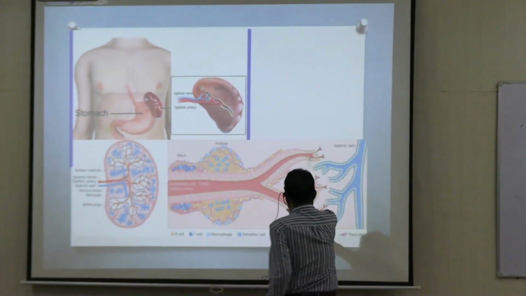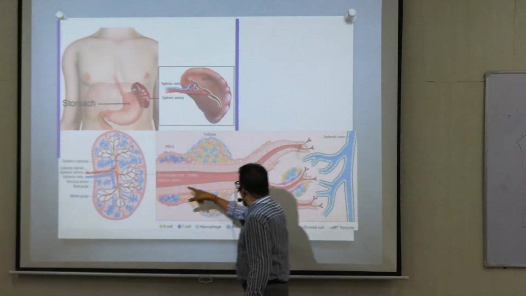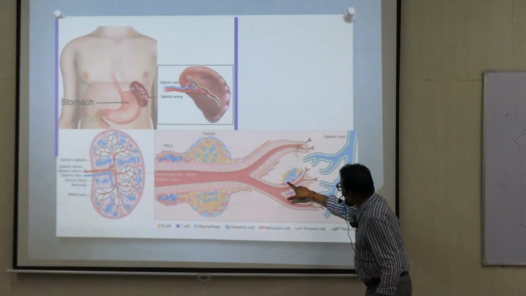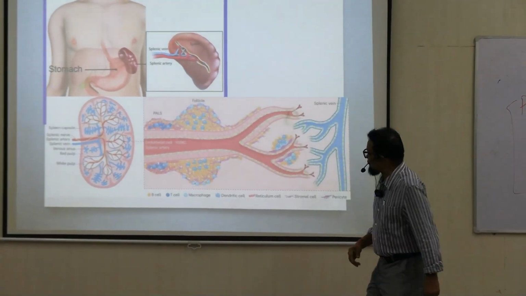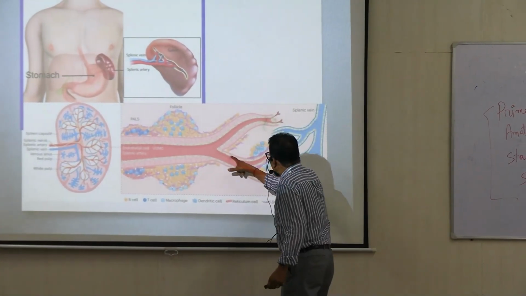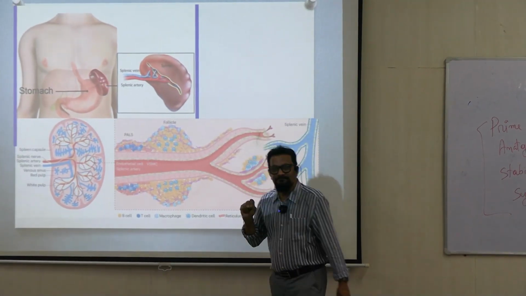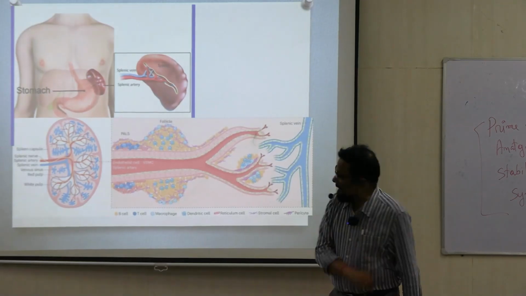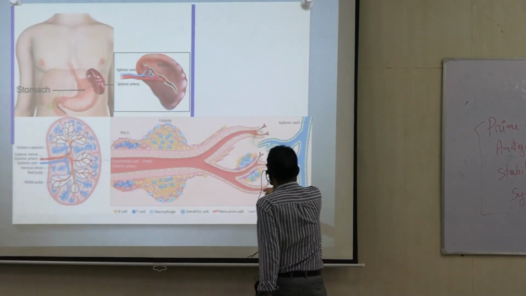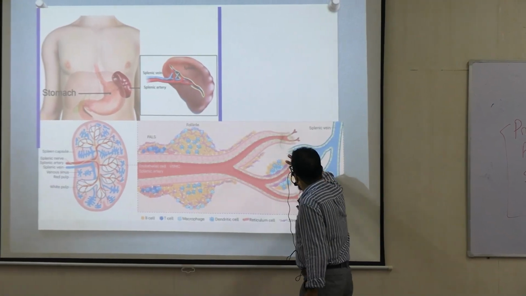See, as I said, in the spleen, this is the spleen and this is the capillary. See, these are sheath. What are these? Macrophages. So if any senile RBC is passing through, this macrophage will take it up for further metabolism. Got it? Okay.